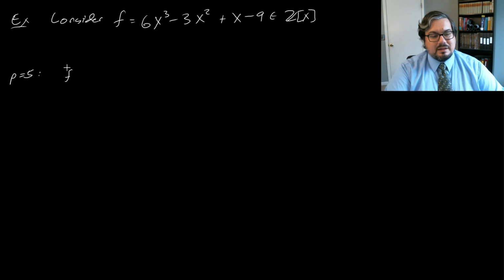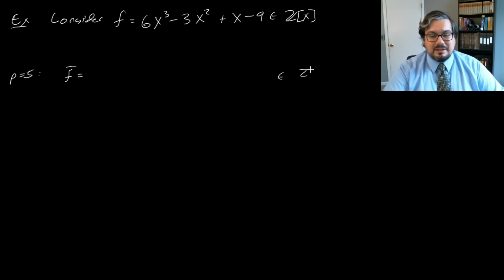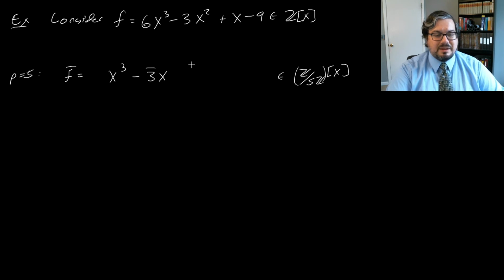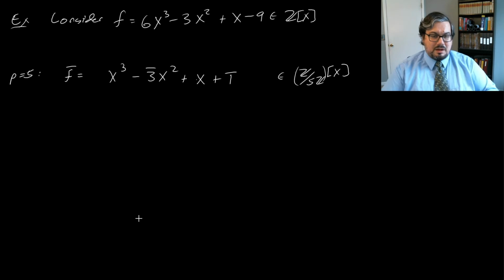We can use the notation f bar to mean the reduction of f to a polynomial inside Z mod 5Z adjoin x. When we do that, 6 is congruent to 1 mod 5, so we can just leave that as x cubed, minus 3 bar x squared plus x, and then 9 is congruent to 1 mod 5.